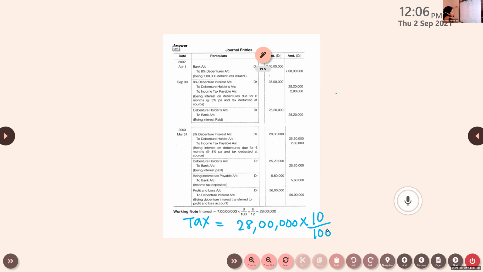So you get the same amount as in my question, 2,80,000. So income tax payable account, 2,80,000. What is left? 28 lakh minus 2,80,000. Amount is 25 lakhs 20,000. That is the amount to be paid to debenture holders.